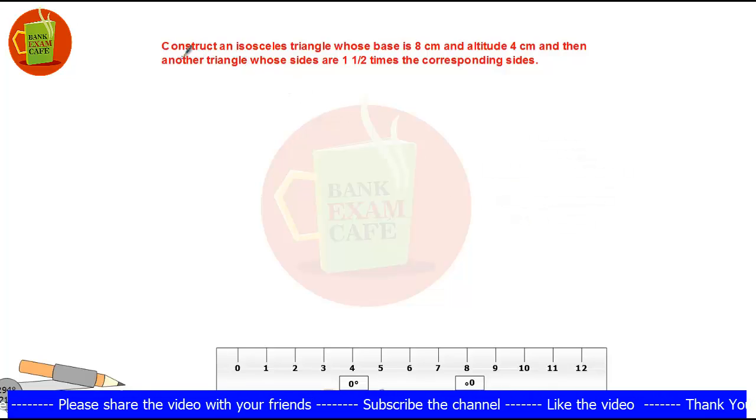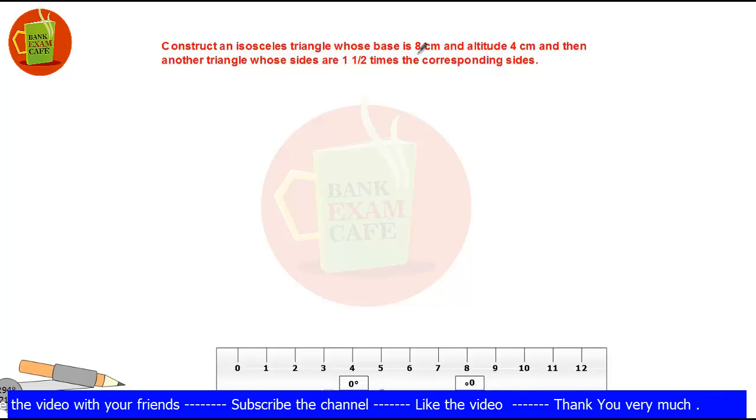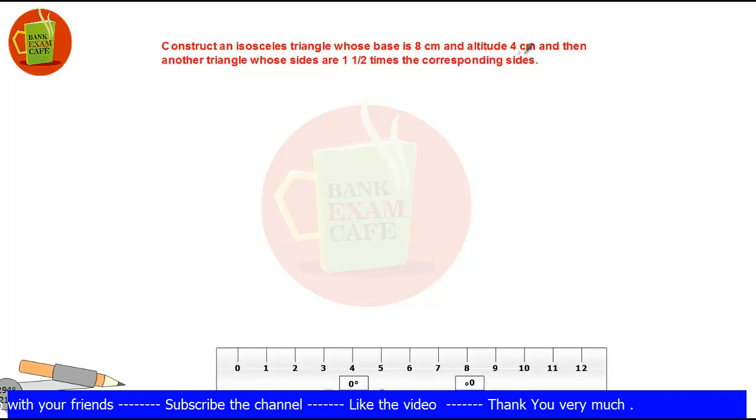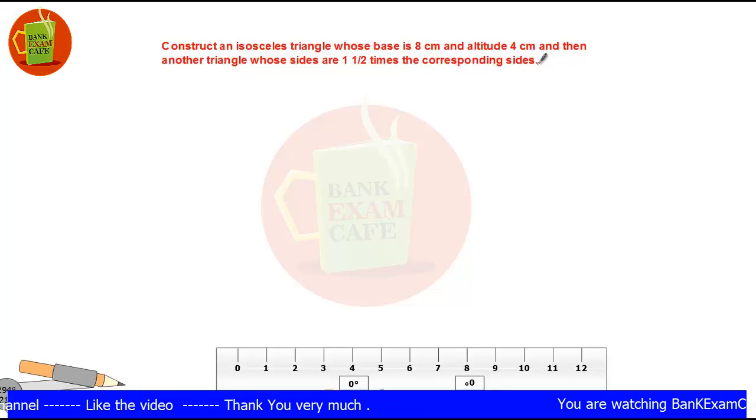Now the next question is, construct an isosceles triangle whose base is 8 cm and altitude is 4 cm, and then another triangle whose sides are one integer 1/2 times that of the corresponding sides.